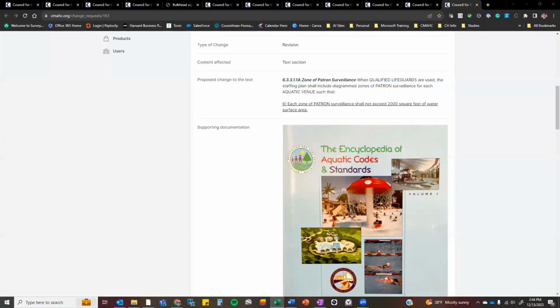On the supporting material, this encyclopedia was kind of a big thing at its release. But it should be noted that the encyclopedia was released in the late 90s, I believe. Yep. Mid to late 90s, and is now at least 24 years old.